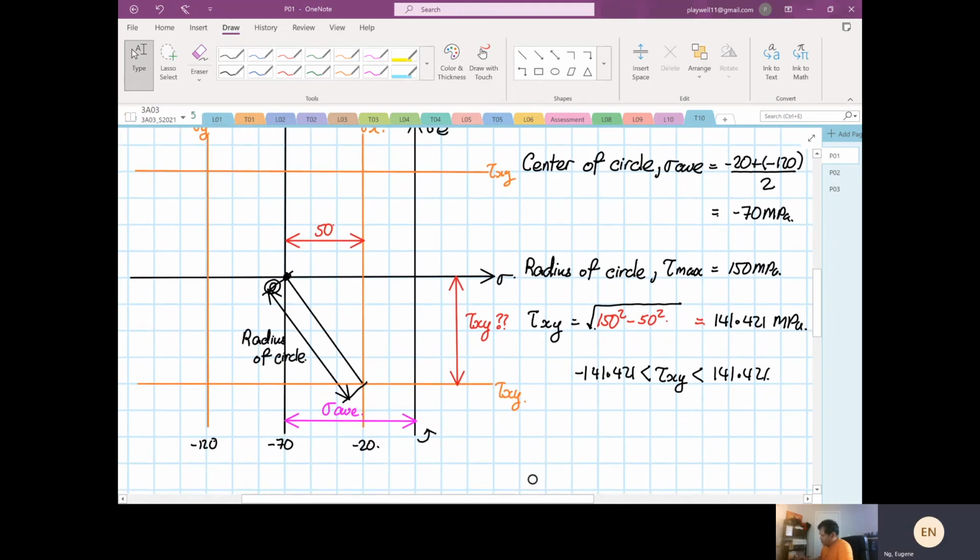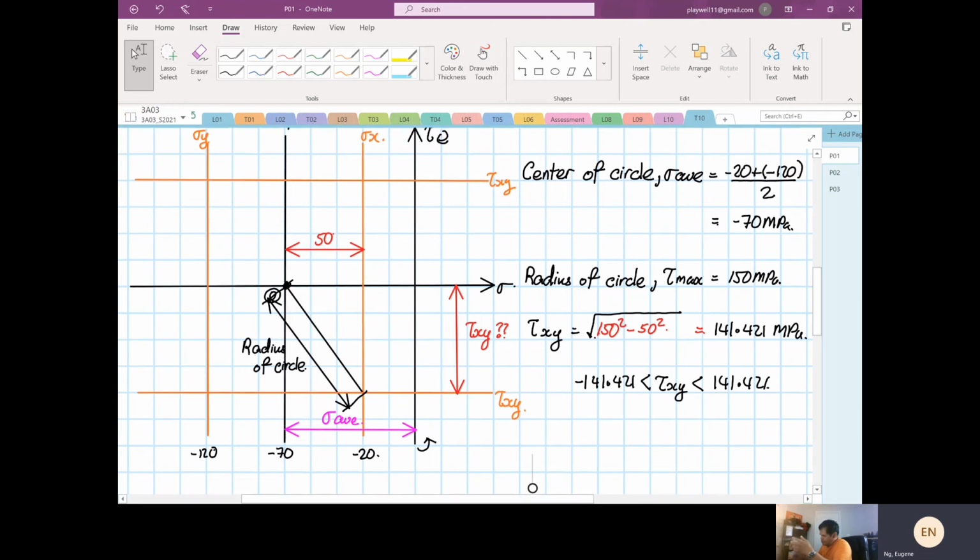In the shear, the plus minus means it's just a magnitude, the range. So we will be within the boundaries of the shear. So over here will be positive 141.421, and here will be minus 141.421.